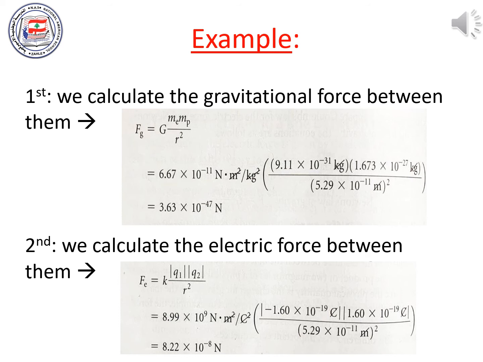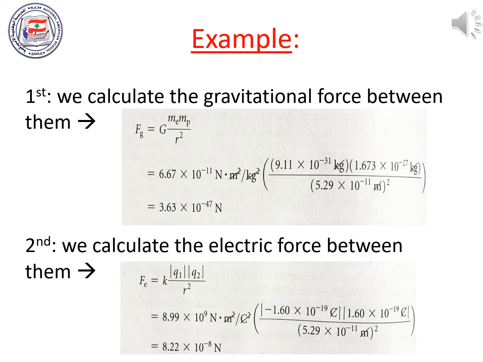This is why we put the absolute value, because we only care about the magnitudes of the charges, times the charge of the proton, positive 1.6 times 10 to the power minus 19, over the distance between them squared, which is 5.29 times 10 to the power negative 11 meters, and the number is squared. The answer is 8.22 times 10 to the power negative 8 newtons.